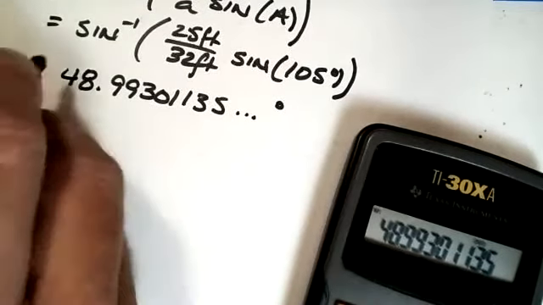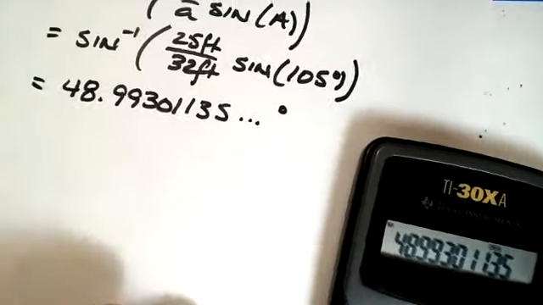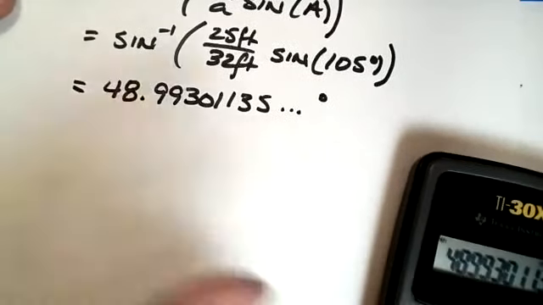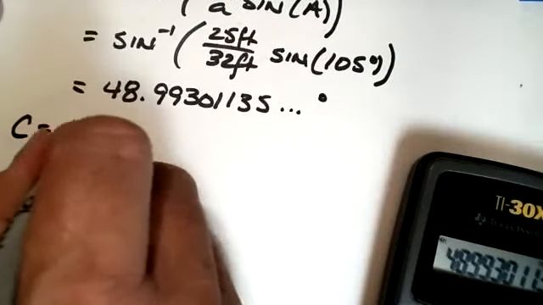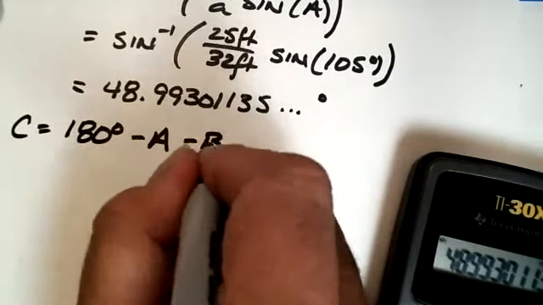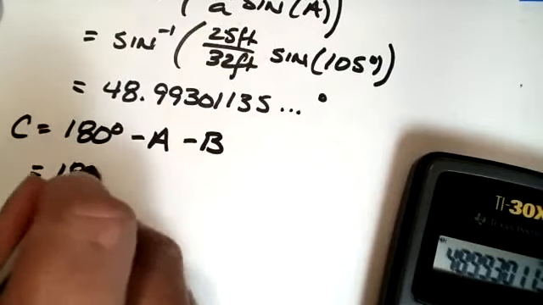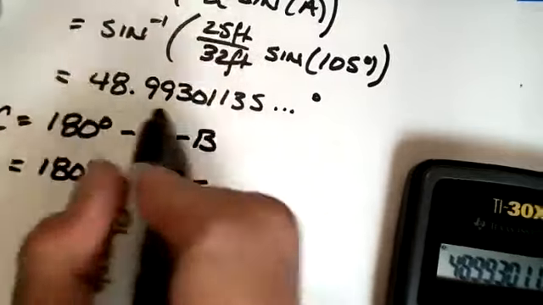Now, what about C? I don't have the third angle, so I can't get the third side. So I need to find the third angle first. So find C. C is going to be equal to 180 minus A minus B, which in this case is 180 degrees minus 105 minus this awful thing.